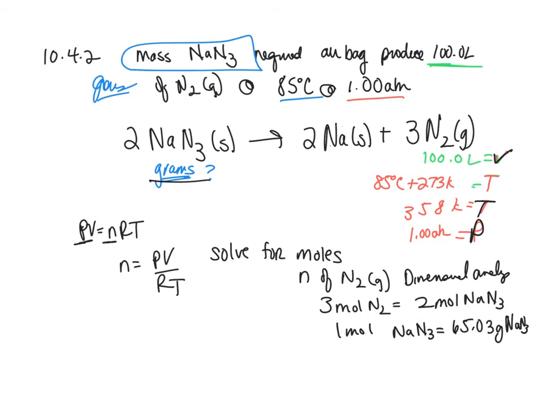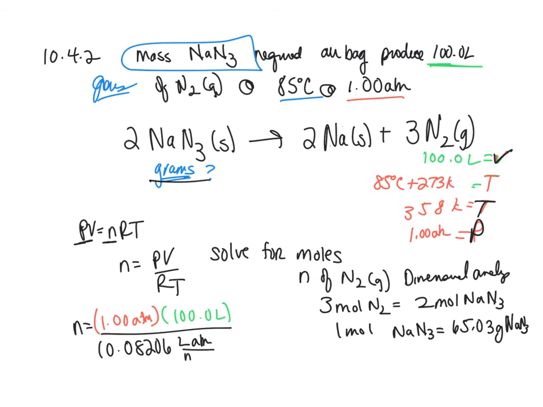So let's solve for n. So n equals 1.00 atmosphere times the volume, 100 liters, divided by R on your periodic table, 0.08206 liters atmosphere per mole Kelvin, times the temperature, 358 Kelvin.